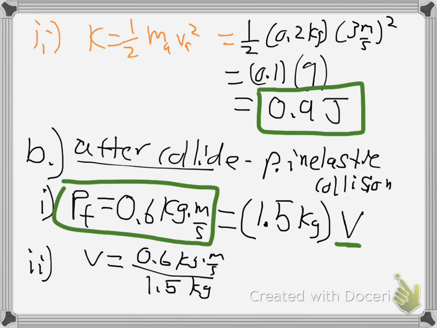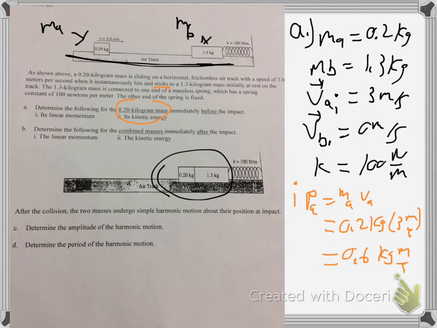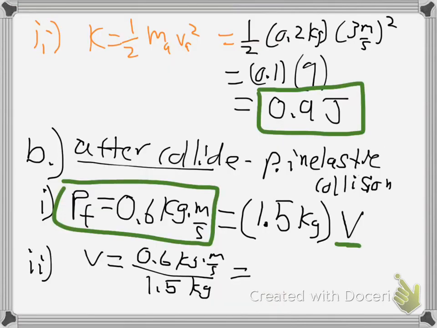And we should expect this velocity to be smaller than the velocity of the first one moving separately, right? Because now there's more mass that's moving, and this is just 0.4 meters per second.